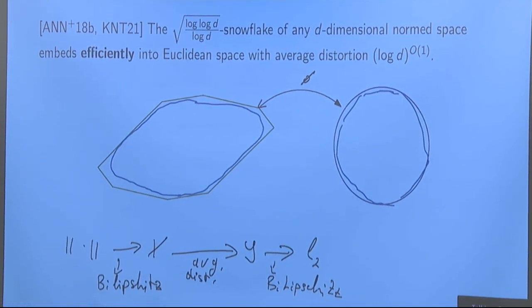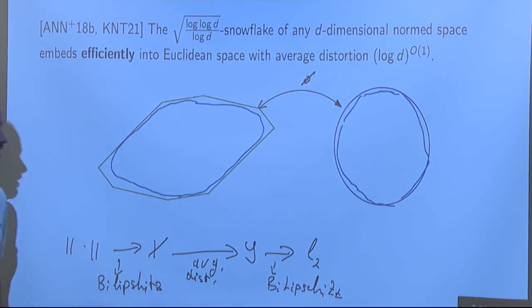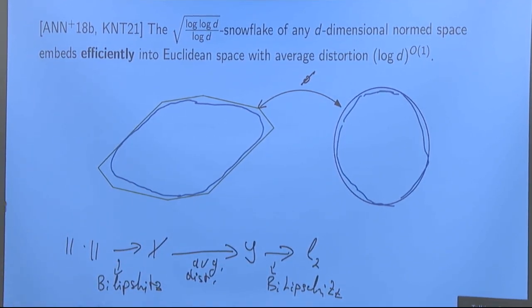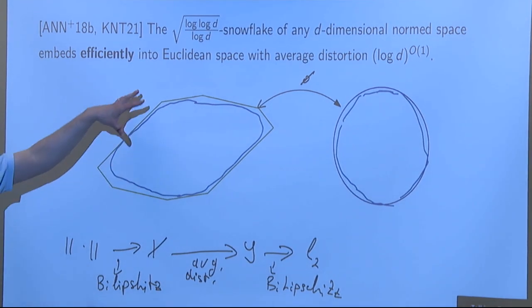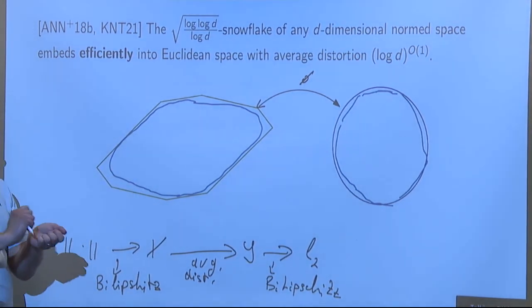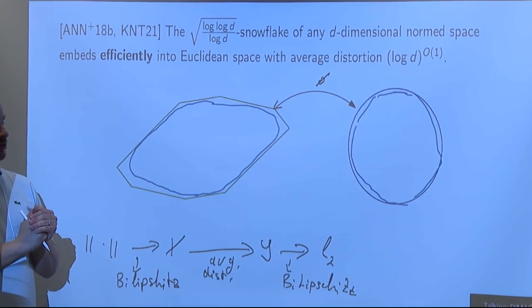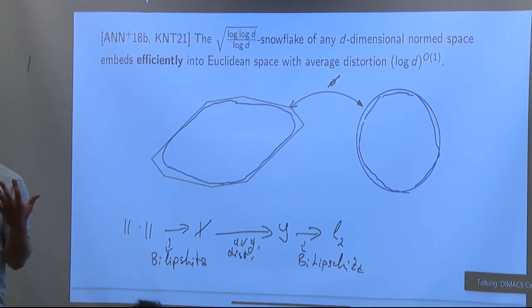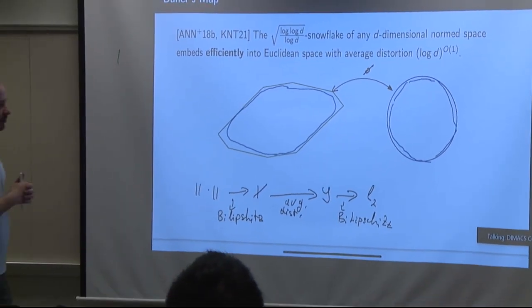The interesting thing here is the one between X and Y, where once you do this smoothing, you can now find this nice continuous map between spheres that you can use to build an average distortion embedding using similar technology to what I showed you, but more complicated.